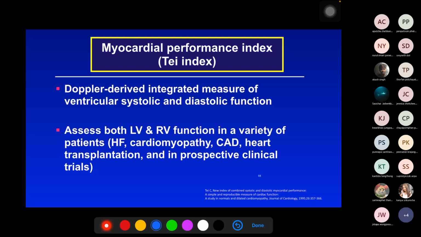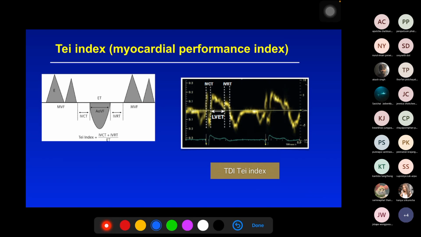The Tei index is performed by tissue Doppler or normal Doppler. On the left side, we use the mitral valve. On the right side, we use the inflow from the tricuspid valve. I think you should just remember this formula: Tei index is IVCT plus IVRT divided by ET.